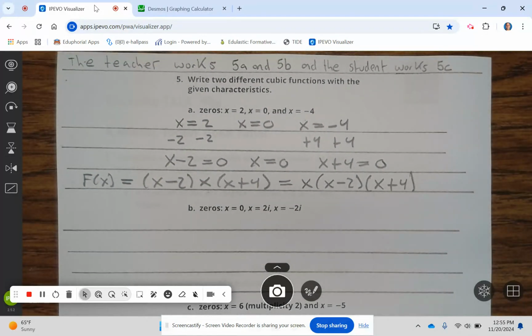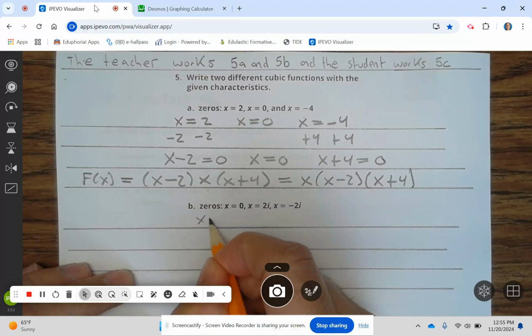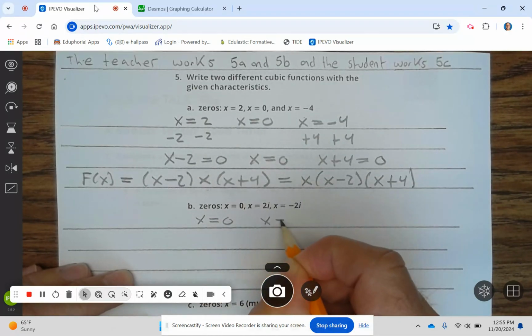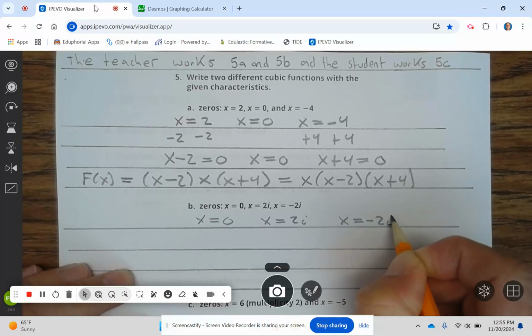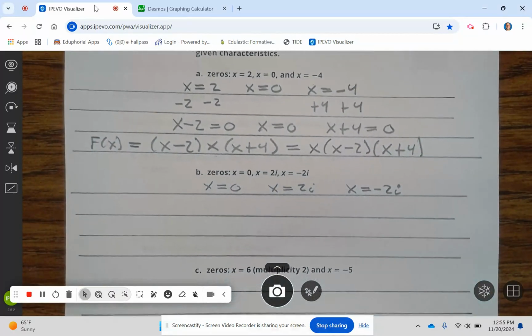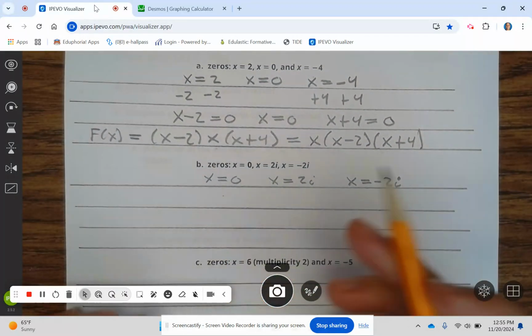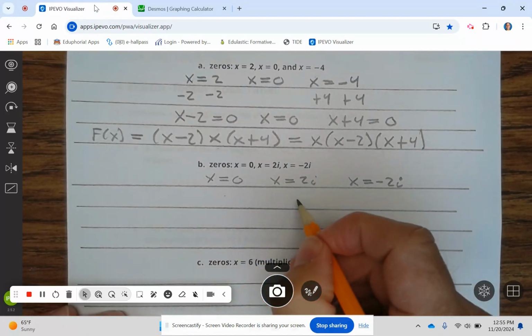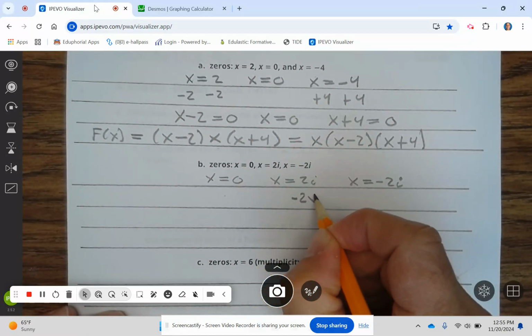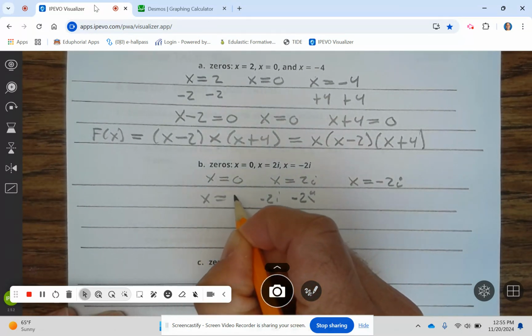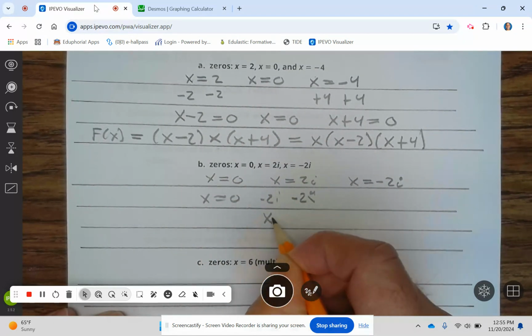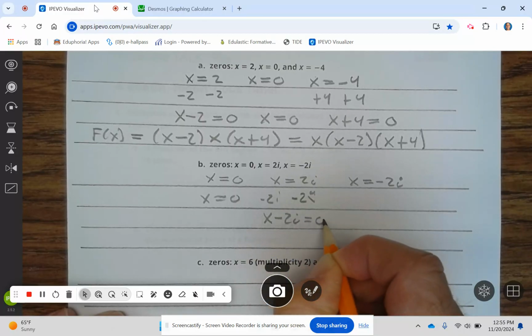All right, let's take a look at B. So we have x equals 0, x equals 2i, and x equals negative 2i. So again, working backwards to find the equation. Well, x equals 0, there's nothing you can do. Here we're going to subtract 2i from both sides. So then that's x minus 2i equal to 0.